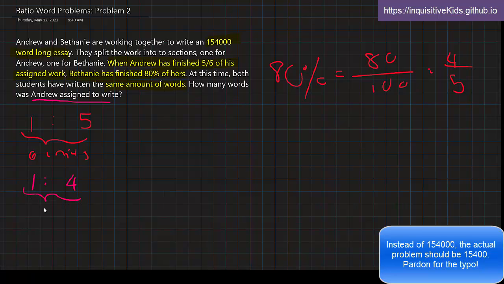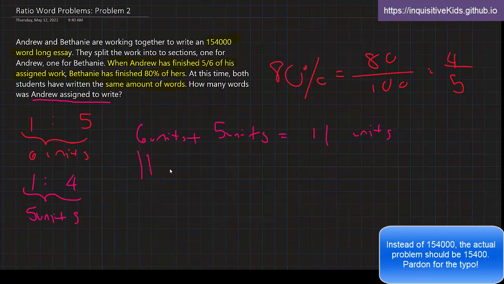And altogether we have 5 units, or 5 parts. So altogether, how many units do we have? 6 units plus 5 units equals 11 units.